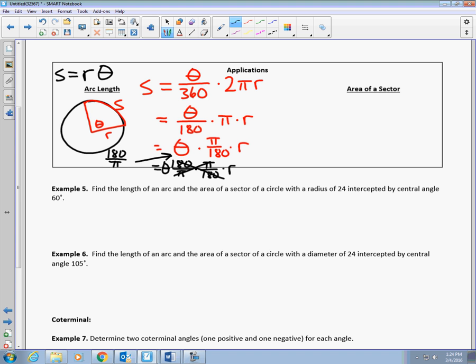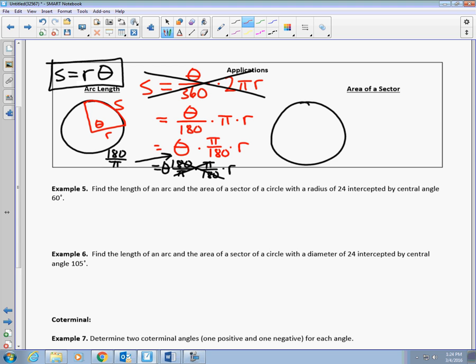Isn't that nice? You will use this equation from now on. We're going to get rid of this one. Don't worry about that. I was just showing work of how we got it, okay? All right. I'm not going to show you this piece all the way through, but I will say this.